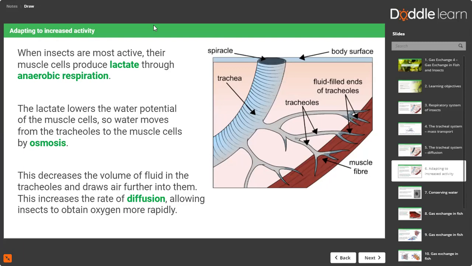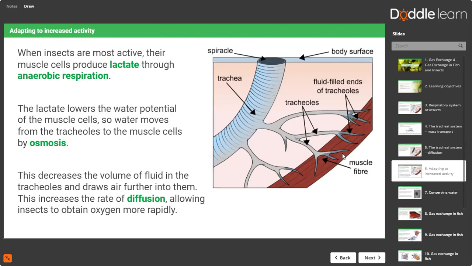Okay, so when we increase our activity, our heart pumps blood around our body faster, and we breathe faster, and deeper or more shallow but faster. In insects, they still go through anaerobic respiration like us, but they produce lactate. Lactate, again, I'll repeat it, lowers the water potential of the muscle cells.